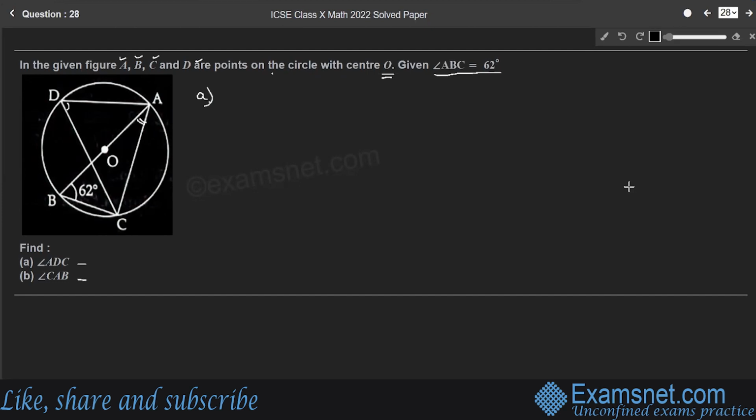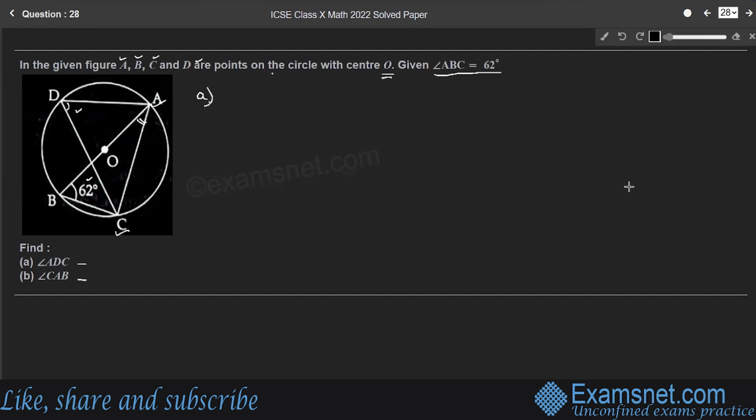Here angle ABC is 62 degrees, and angle ADC, these two angles are made by the same arc AC. Therefore, these two angles are equal. Angle B and angle D are equal.